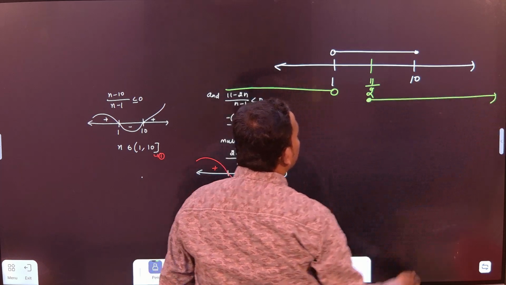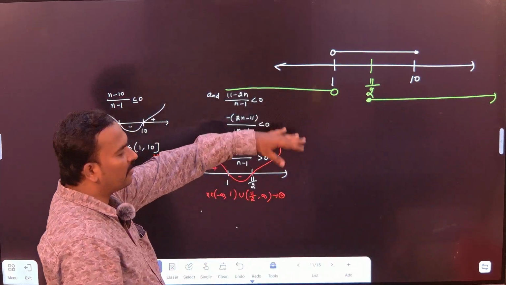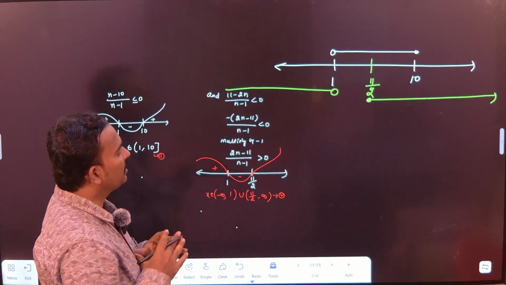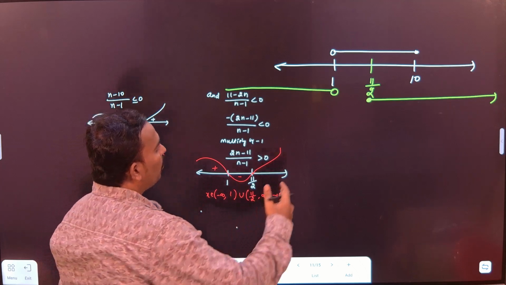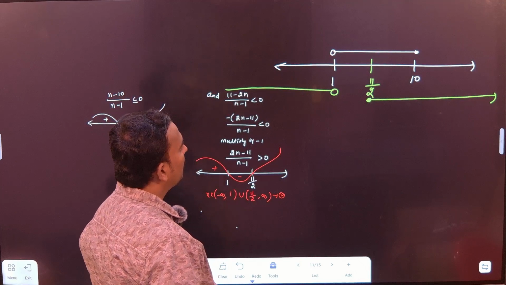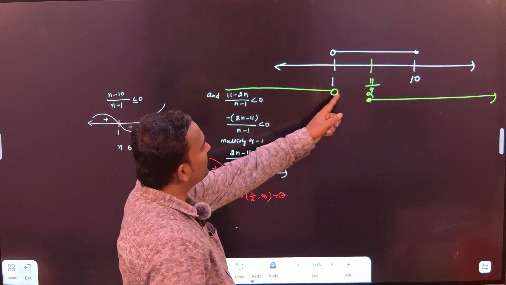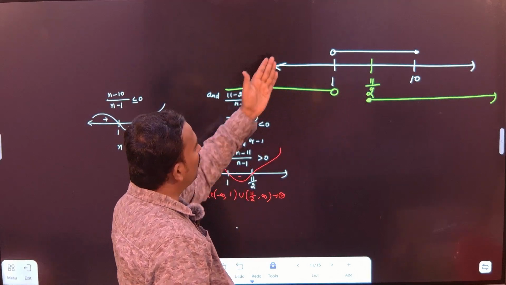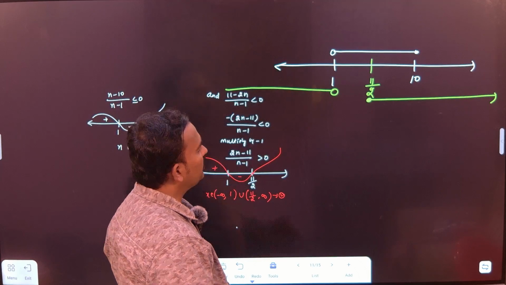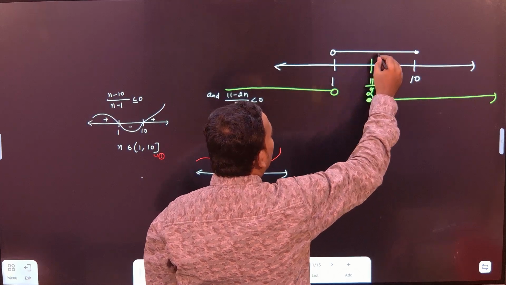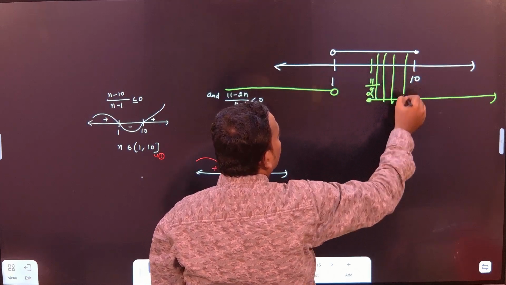You can see the white color and green color regions. You can see which is your common region. More than 10, there is no common region, and between 1 and 11 by 2 the green color is not there, and less than 1 the white color is not there. You can see both will be there in this region only.